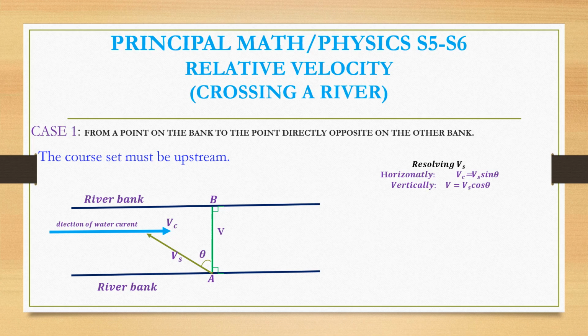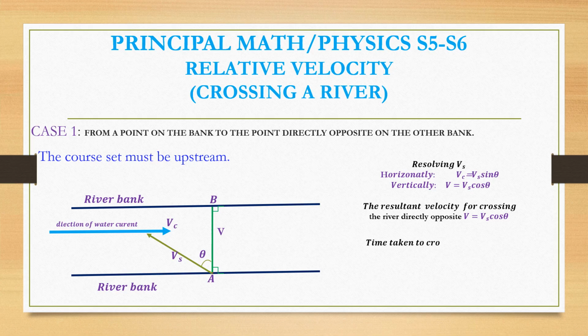Vertically, we realize that the resultant velocity will actually also be equal to the relative velocity, which is the velocity with which the man has to sail the boat such that he lands on the other bank at a point exactly directly opposite to him, and that will be a component of Vs cos theta.